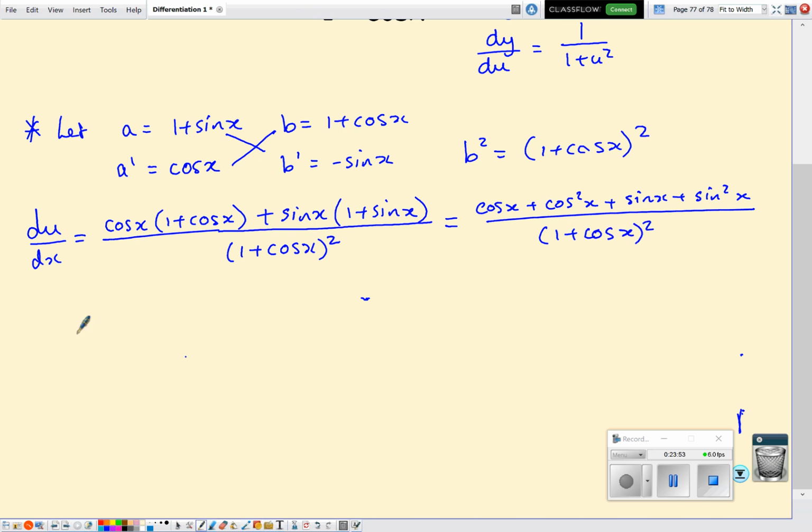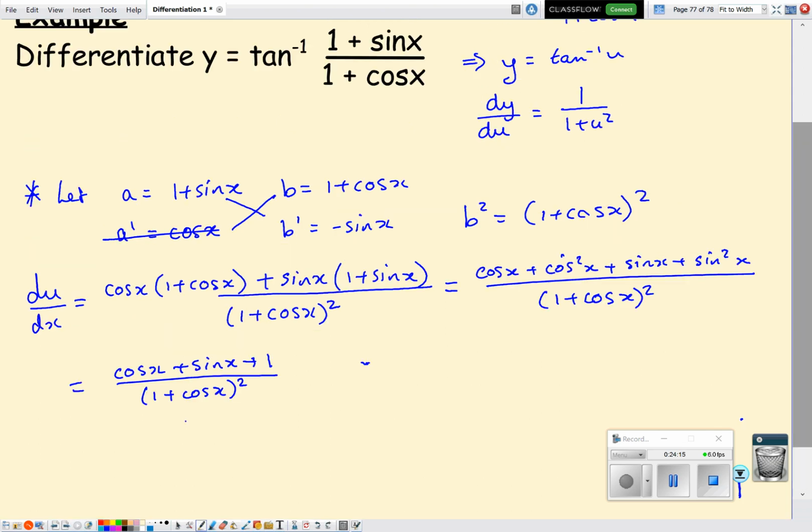Nearly there. The cos squared and sine squared become 1. I'm going to end up with cos x plus sin x plus 1 all over 1 plus cos x squared. So that's du by dx, and we've got dy by du up here.